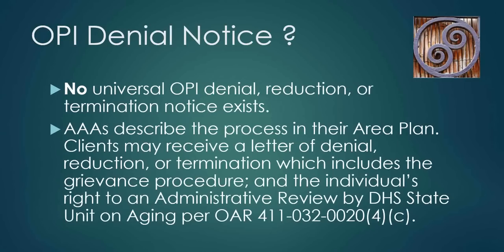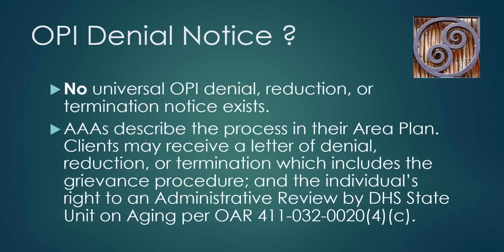Another thing, is there an OPI denial notice? No universal OPI denial, reduction, or termination notice exists. So there's no required form for denial, reduction, or termination. But what AAAs should be doing is sending a letter or their own form describing the process in their area plan where clients can receive a notice of denial, reduction, or termination, and includes the grievance procedure.